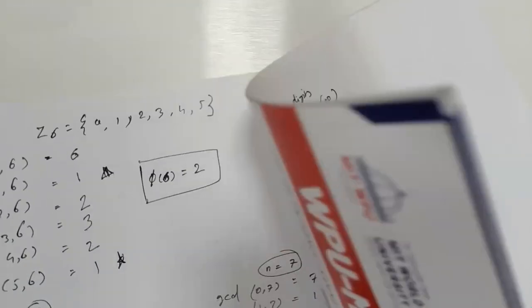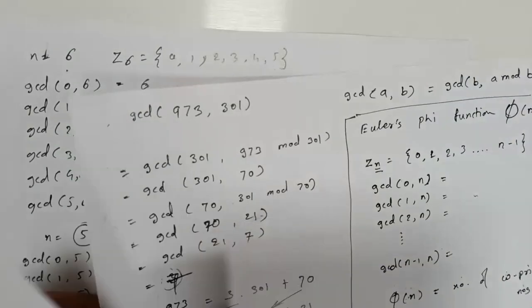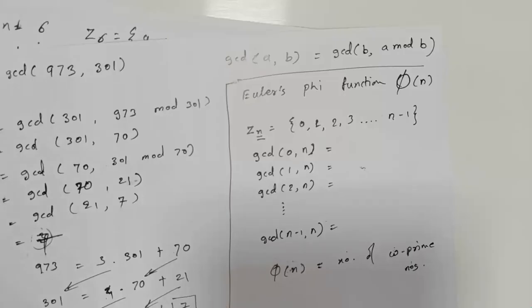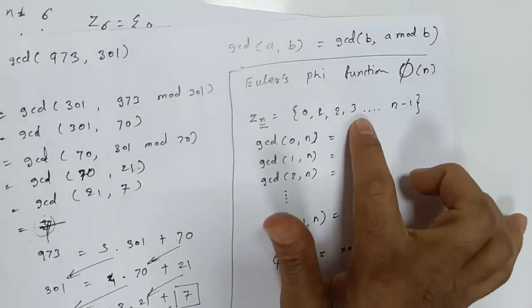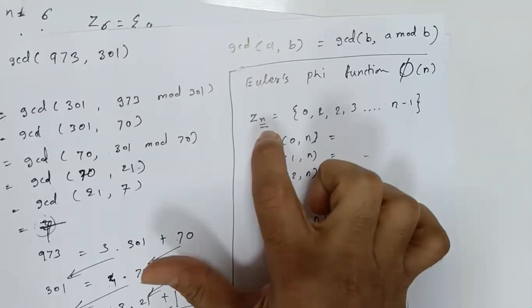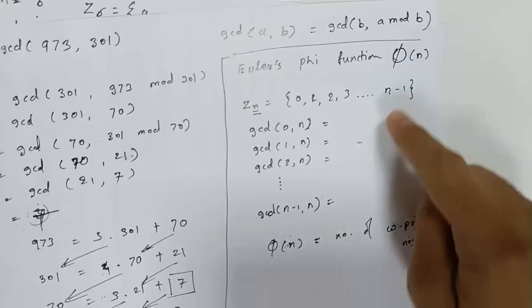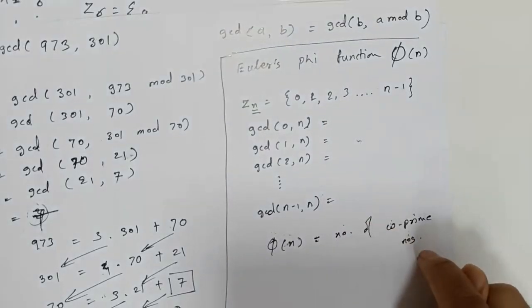So what we have seen for Euler's phi function is that for a given number, you create a set of n minus 1 numbers, and you have to find out the number of co-prime numbers. That is phi of n.